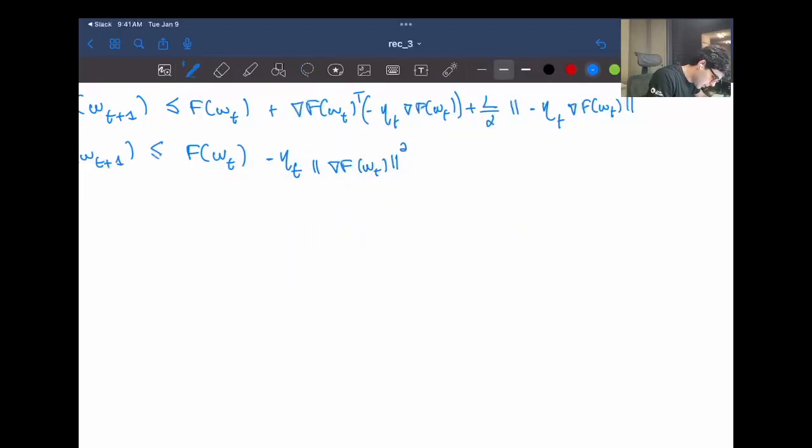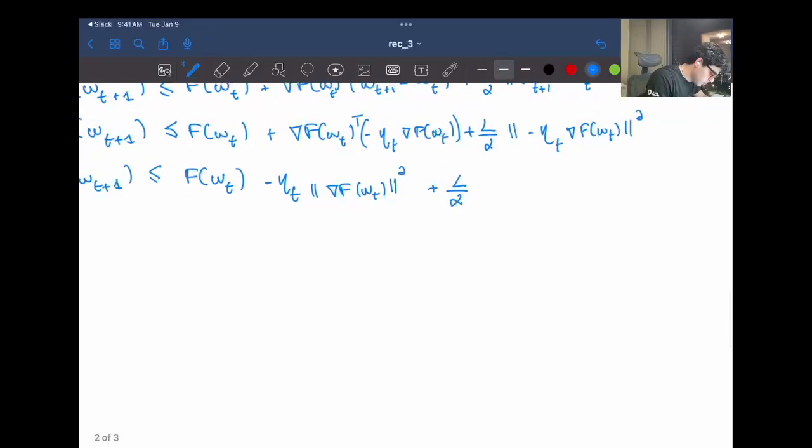Awesome. All right, now the last term. We want to remove this eta from the norm and put it outside, right? And this is a squared norm, so we're going to have to square it. Minus eta_t squared is plus eta_t squared, right? Okay, perfect.